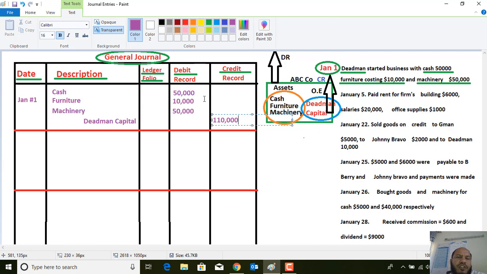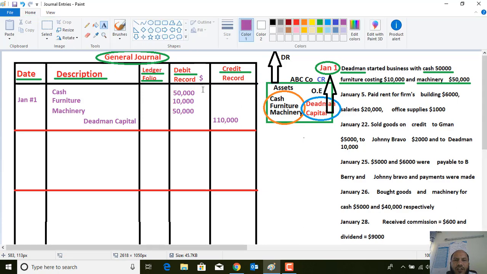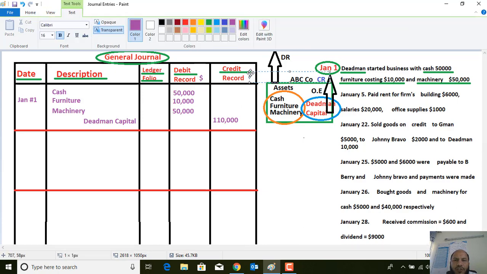For simplicity, you can write here that all of these accounts are in dollars. So put the dollar sign here, as I put in the debit column, and I will also put the dollar sign at the credit column.